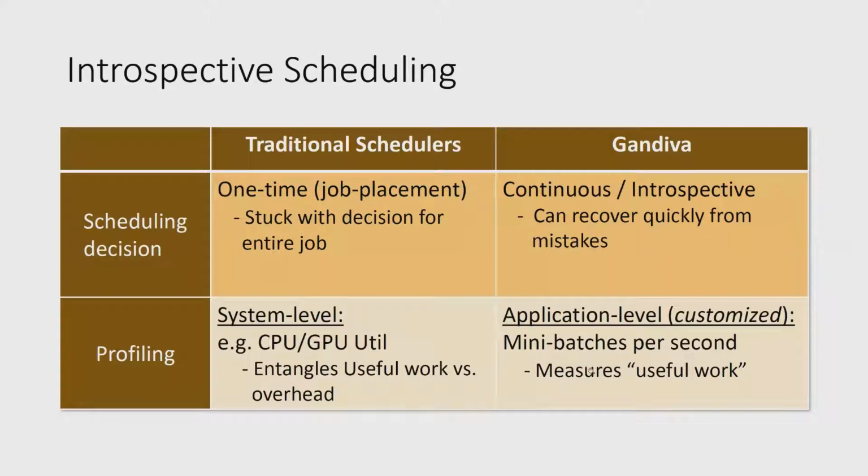But for GPUs, Gavel argues that you cannot directly use that hardware profiling because it also includes the overhead of the resource during training. Because you know the framework, you know the deep learning model, it's actually better to calculate the mini-batch throughput, the mini-batches per second. This throughput of the training job is the useful work it is actually doing.